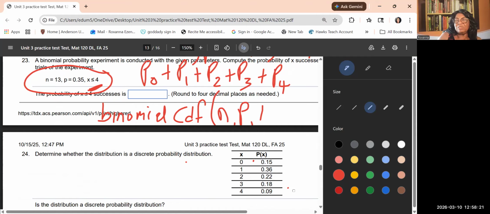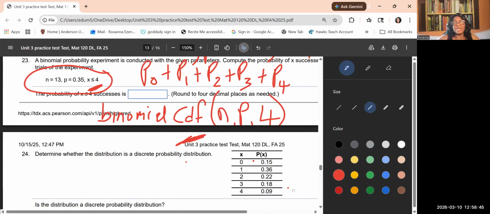Today, the random variable is 4, and I'm accumulating to the left. The most important thing to note is that it's binomial cumulative density function. You must know it is cumulative because there is also binomial probability density function. You want to make sure you're accumulating.